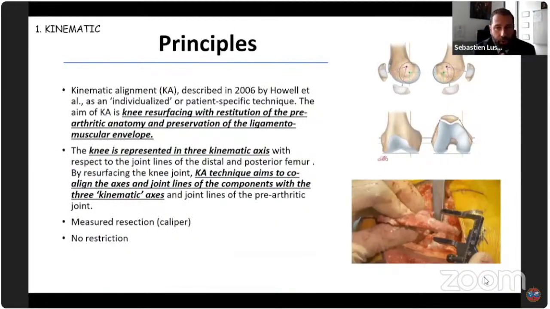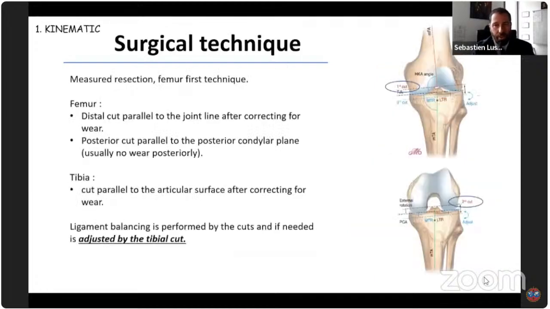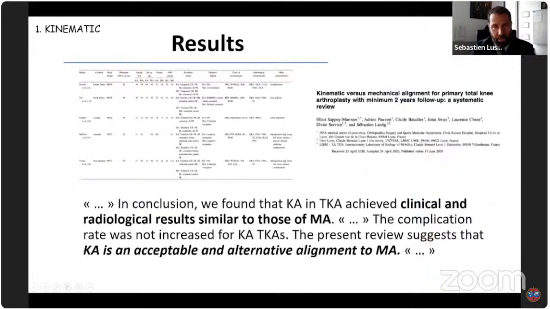You really restore the pre-arthritic anatomy on the femur, and you just measure the resection. You try to restore all the different kinematic axes, and if there is something to adjust, it's based on the tibia. So with kinematic alignment, you maintain the femur, and if you have something to do, you play with the tibial cut. Very important to understand that.